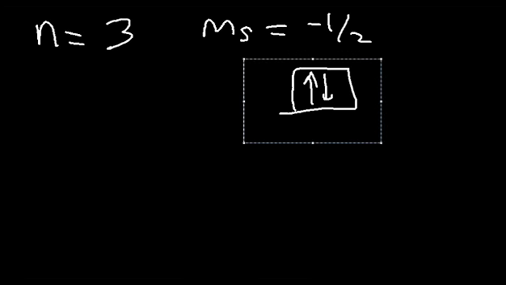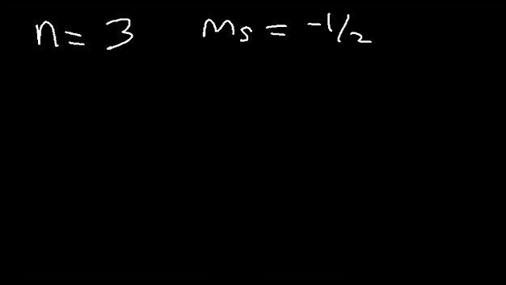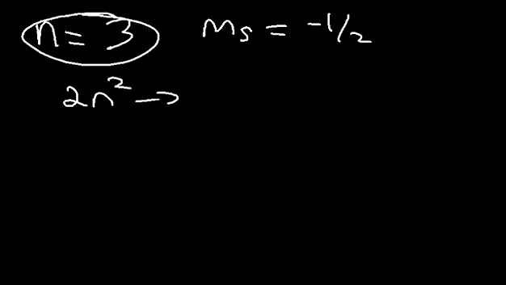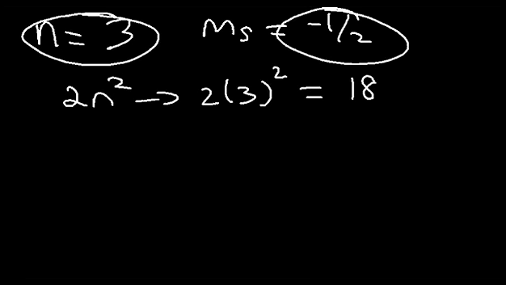So that means that half of the electrons will have a down arrow, and the other half can have an up arrow. Now we know the maximum number of electrons in the 3rd energy level. It's equal to 2n squared, which is 2 times 3 squared, and that's 18. So since there's a maximum of 18 electrons in the 3rd energy level, 9 of those electrons will have a spin of -0.5.